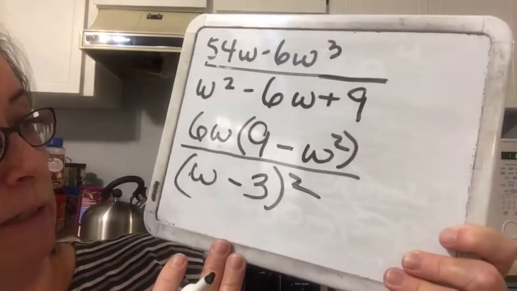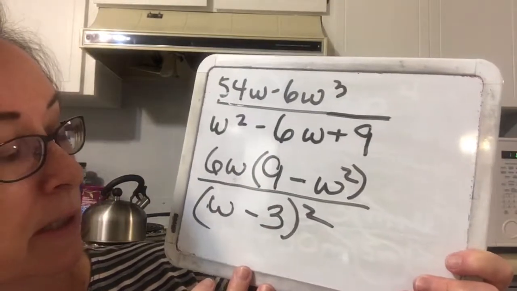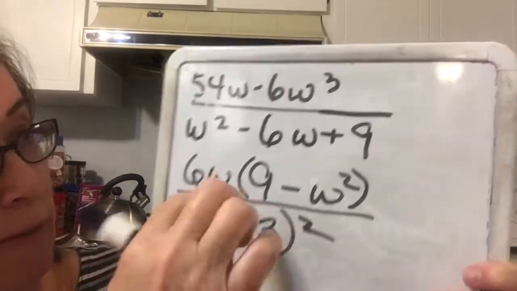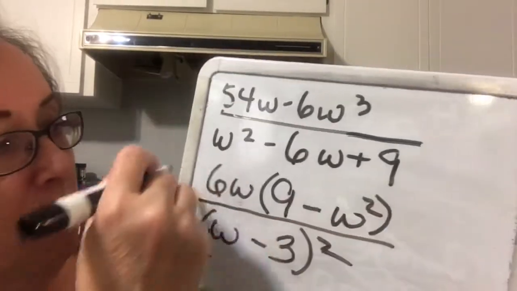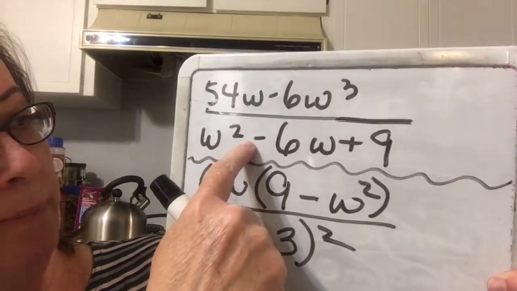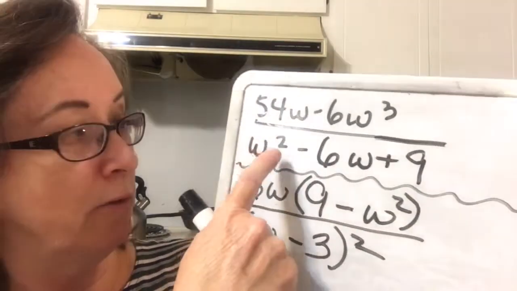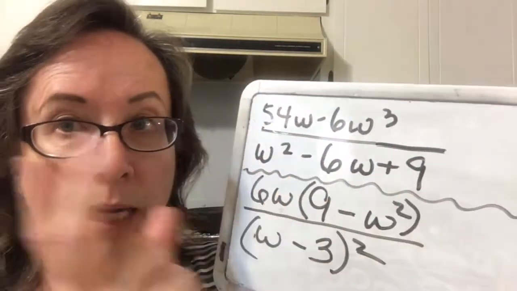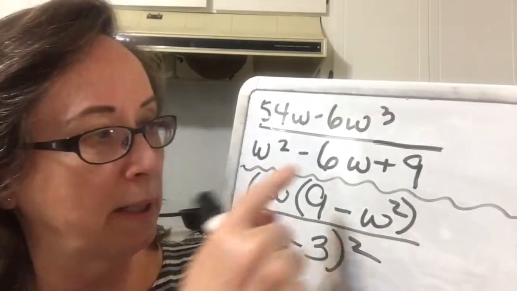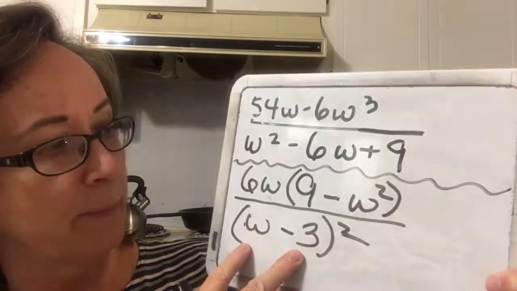Now it looks like we're kind of stuck, but we're not, because we have not completely factored the numerator yet. This one on the bottom, the denominator, is a perfect square trinomial, because when you take the w and the 3 and you multiply them and you double it, you do get the 6w in the middle. So it's going to be w minus 3 squared.